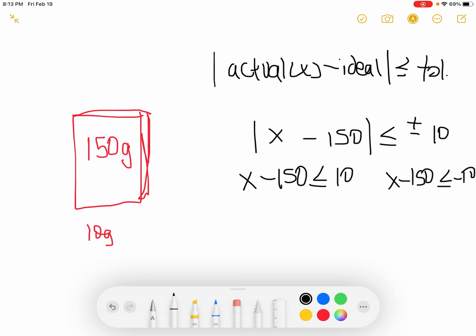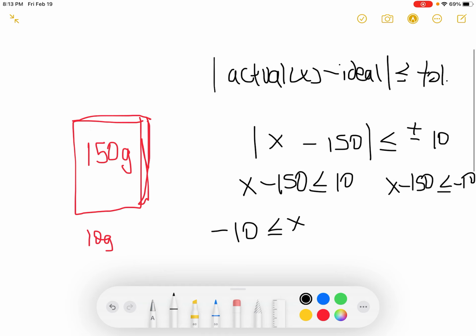But we don't really need to do it like that. We can actually just say negative 10 is less than or equal to x minus 150, which is less than or equal to 10. Then we add 150 to all three sides.